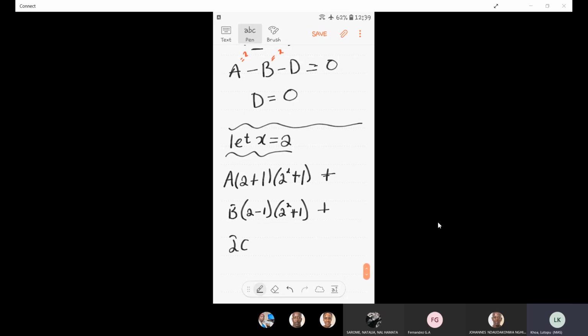Here I'm not going to write the d because I don't want to write too many things, and also I know that d is equal to 0, so I'm not going to include that one, just to save space. Then I have x minus 1, so this is 2 minus 1, and then 2 plus 1. That is my left hand side.